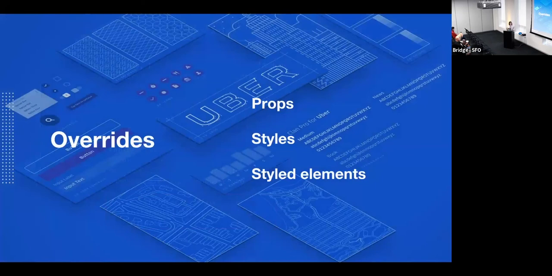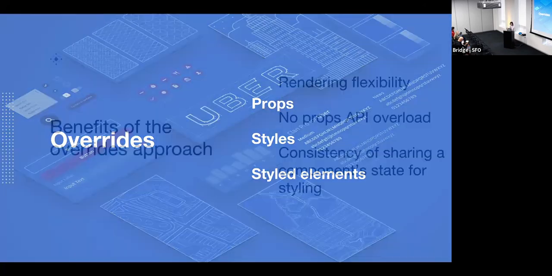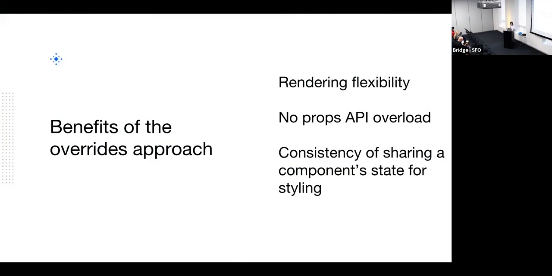Let's look closely into the overrides pattern that we use. As I mentioned, it was a big problem because every product still needs a lot of customizability. They do need to modify either some props or some styles or even replace underlying elements. So we tried to accommodate all those customizations. Here are some benefits that we get with our approach.